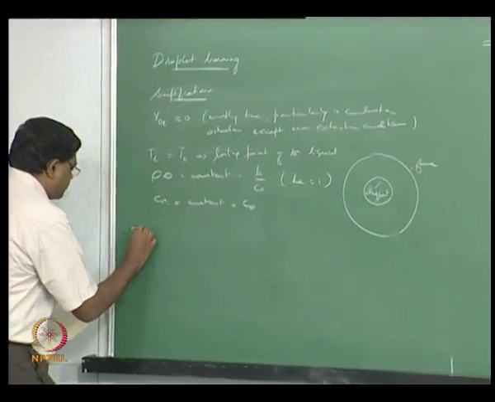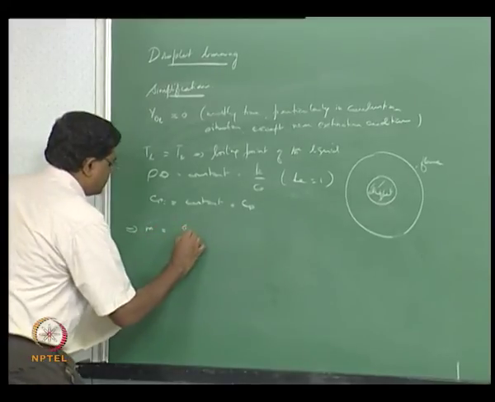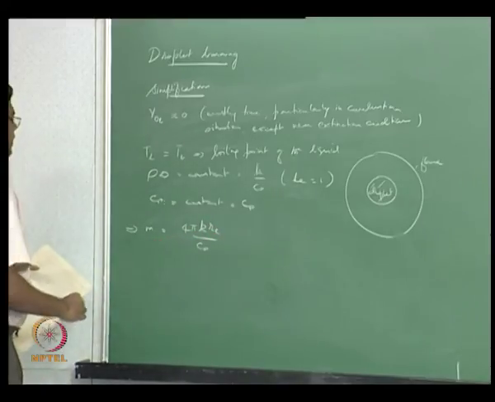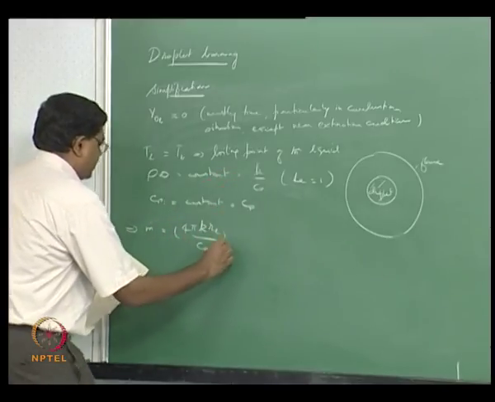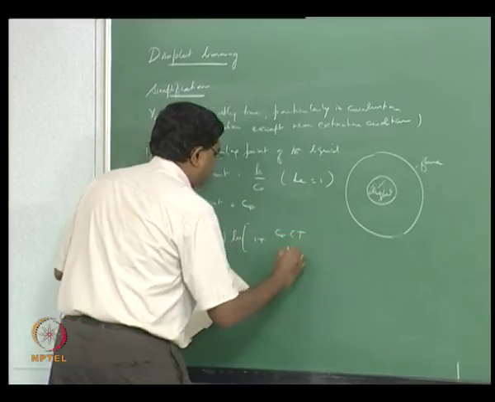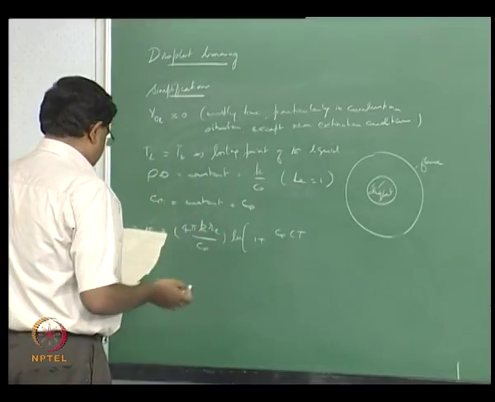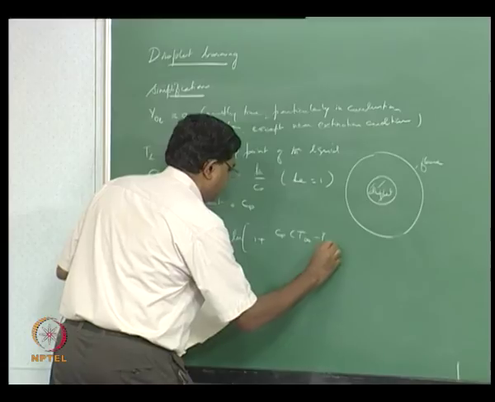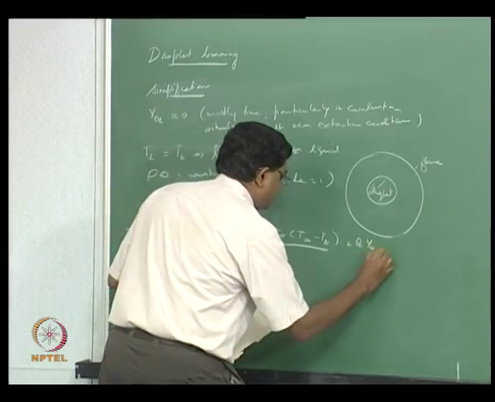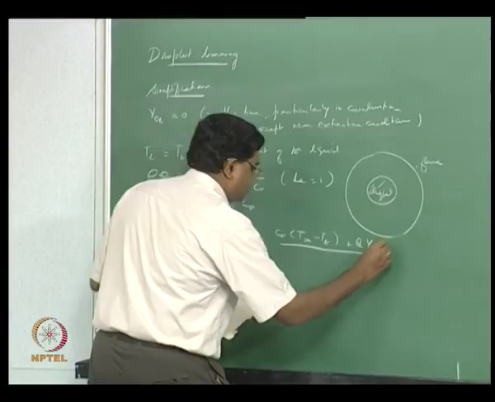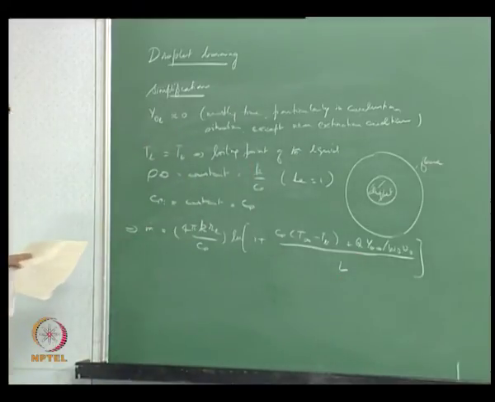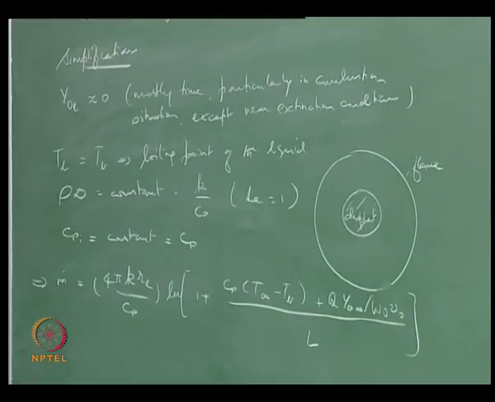You get m dot equals 4 pi k R_L over Cp, that's what rho D has now become, times natural logarithm of 1 plus Cp times T infinity minus T_B plus Q Y_O infinity divided by W_O nu_O, all divided by L, right. Okay, you still have some expression, but this is a little bit more manageable.